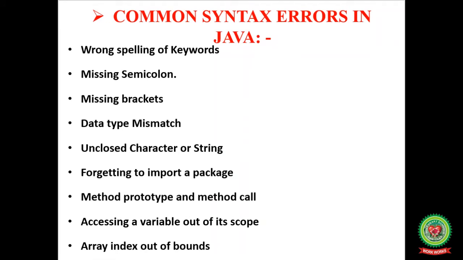Number 2, missing semicolon. Statement terminator is indicated by a semicolon, so it must be present to mark the end of any command. Whereas conditions and loops should not be terminated by one, as they can get disconnected from their block. Number 3, missing brackets.